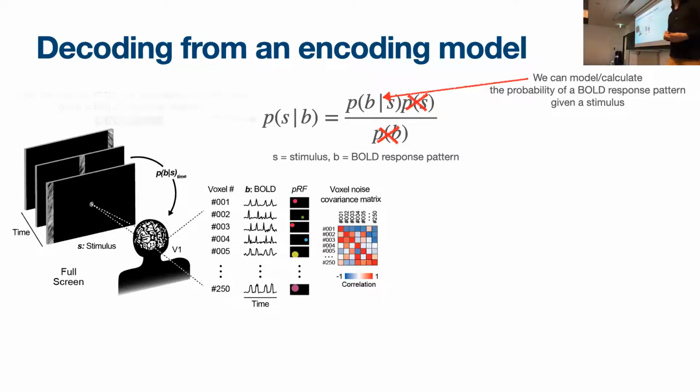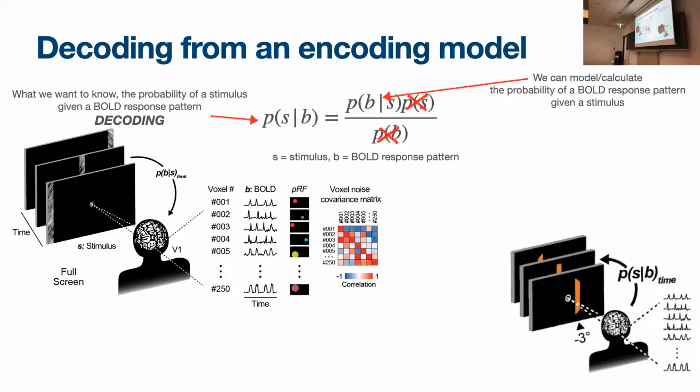The point is, now we can go in the other direction. Now we can start to look at the probability of a stimulus given a bold response, right? So now we're going to look at a bold response pattern, and we don't know the stimulus. And so having calculated this, we can now get at this. We can take a bold response pattern and provide an estimate of what S was.